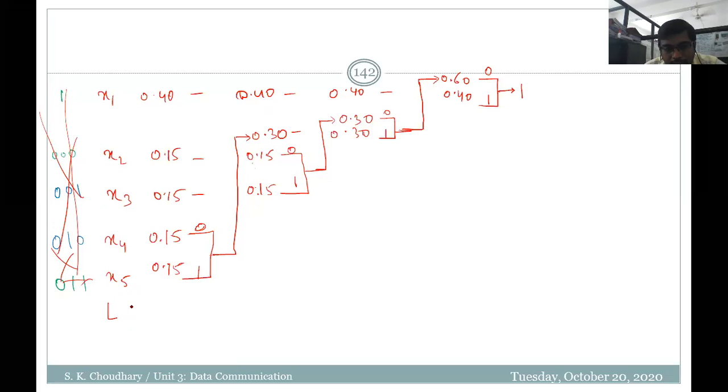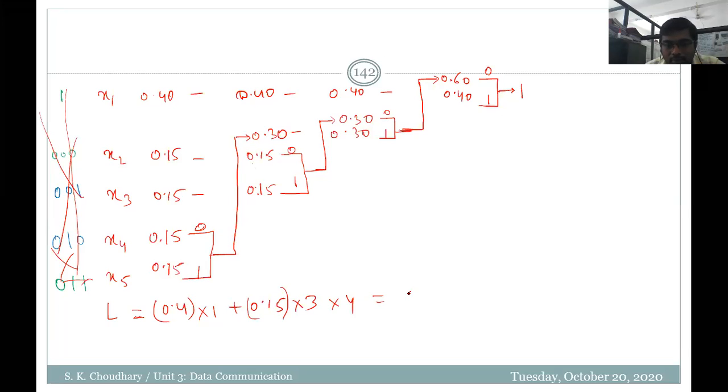Now you have to find out the L. I am not writing the formula; you have to know that. So it is 0.4 multiplied by 1, then 0.15 multiplied by 3. In all the rest of the 4 codes, the code word length is 3, so it would be further multiplied by 4 also.